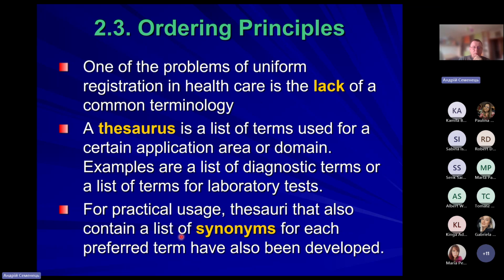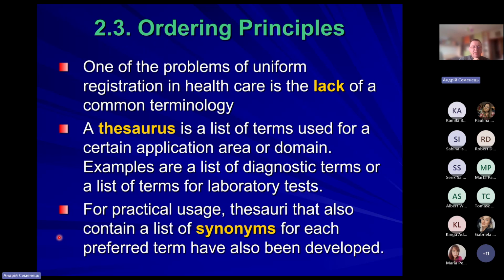So, about the problems with uniform registration of healthcare data with assigned classifications: it's a lack of common terminology. And there are a few things designed to assist in solving this problem.